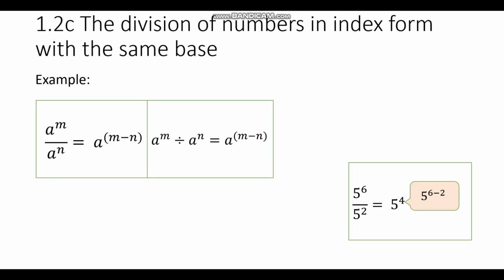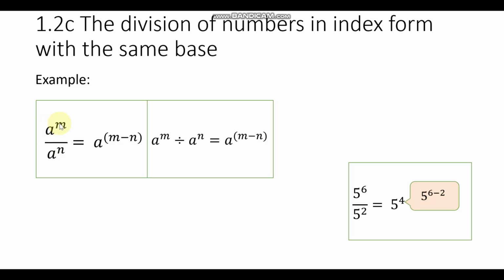We will start at subtopic 1.2c, the division of numbers in index form with the same base. Here we have one example. We only have one base here, which is a.